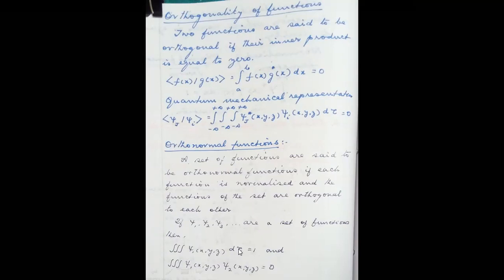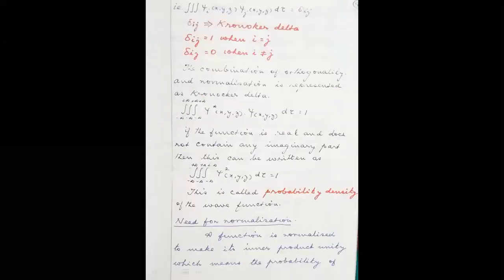It is a normalized function. This is also a normalized function. But when you take the inner product of these two functions, you get 0, which means these two functions are called orthonormal functions. They are normalized individually and they are normal to each other, orthogonal to each other, which is called orthonormal functions. Now look here.